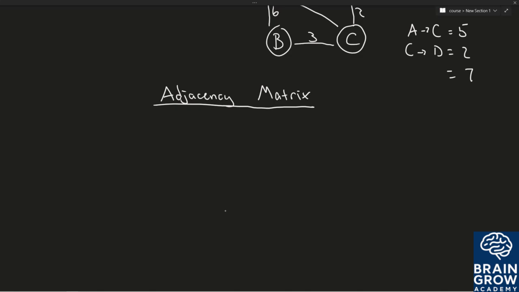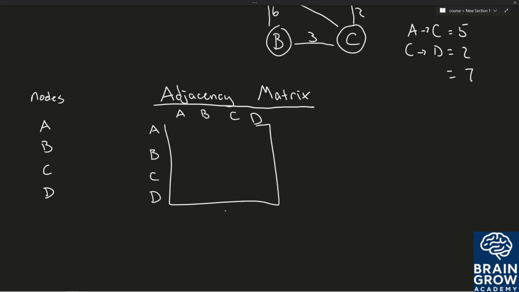So let's imagine that we have A, B, C, and D for our nodes. So what we can do is create a matrix A, B, C, and D, and then we can also have A, B, C, and D here, and inside we create our matrix.